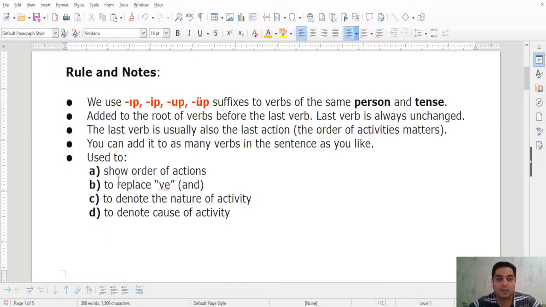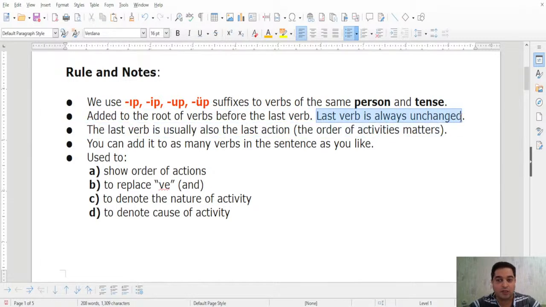Okay. Second rule or note is that it is added to the root of the verbs before the last verb. What does it mean? If you have a couple of verbs, at least two verbs, three verbs, multiple verbs that belong to the same person and tense in the sentence, the last one is always kept unchanged.